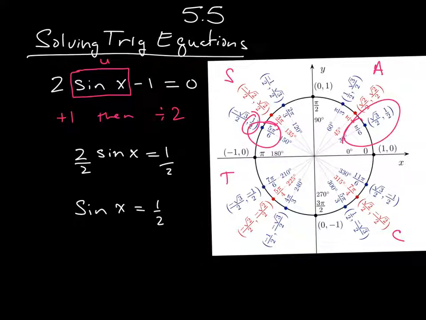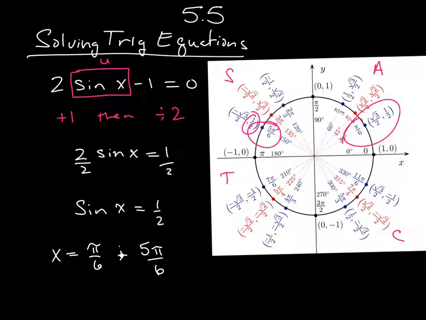So what I do know is, this happens when x is equal to pi over 6. It also happens when it is equal to 5 pi over 6.